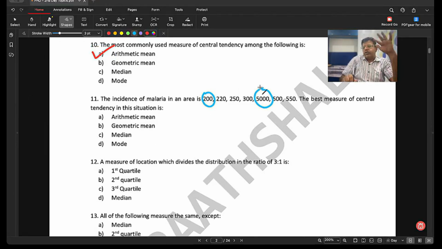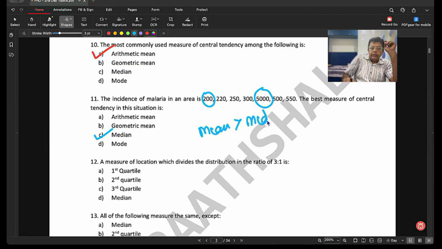So you have extreme values. Your mean is not going to give you a correct interpretation. You will have to go for median only. It is positively skewed, so mean is going to be bigger than median. In this case, mean and median are not equal.